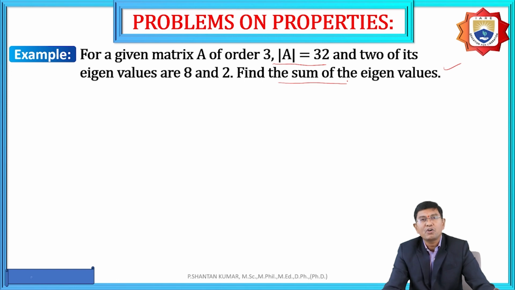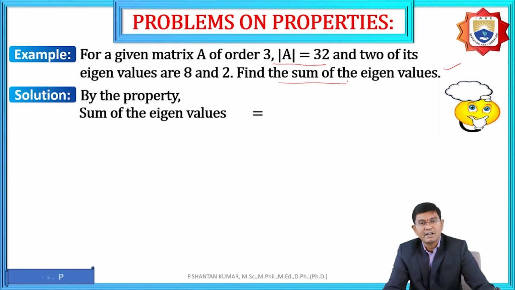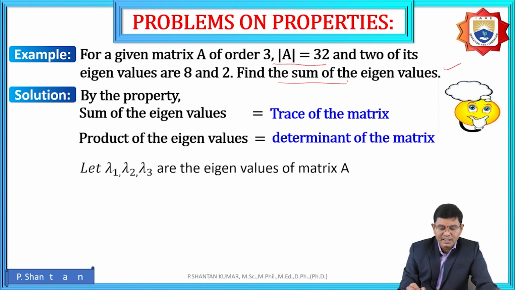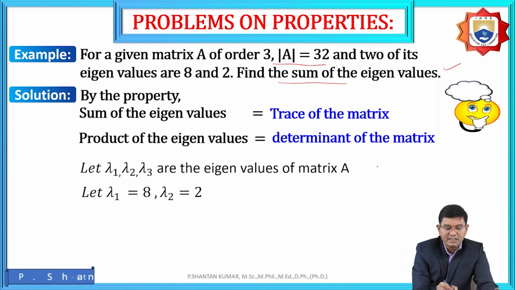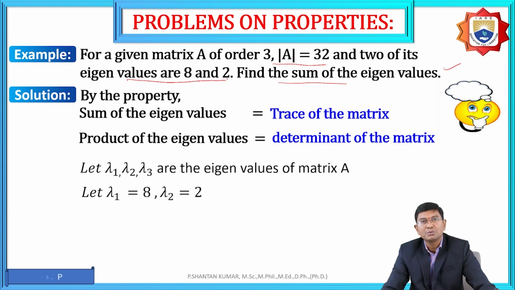Here the product is given, that means lambda 1 into lambda 2 into lambda 3 is equal to 32, and by the property the product is equal to the determinant of the matrix. The sum of the eigenvalues we need to find is nothing but lambda 1 plus lambda 2 plus lambda 3. The conditions given are lambda 1 is equal to 8 and lambda 2 is equal to 2, and the determinant of the matrix is also given, lambda 1 lambda 2 lambda 3 is equal to 32.